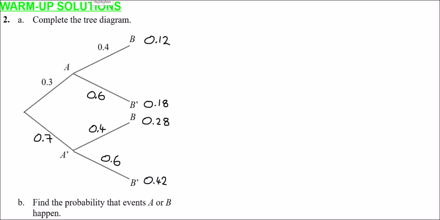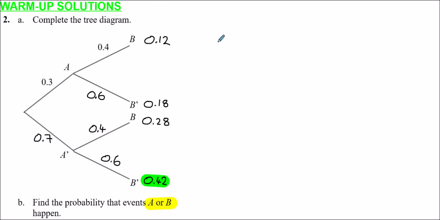So we want to work out the probability now that A or B happens. The only way that can't be the case is this last branch. The only way A or B, or some combination of A or B, can't happen is if not A happens and then not B happens as well.